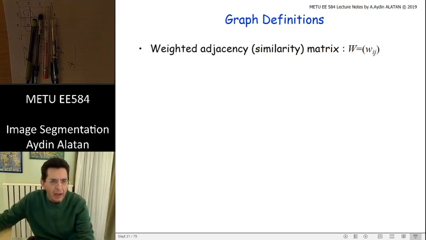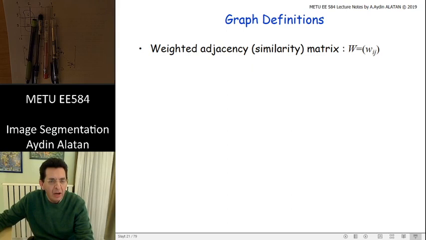Again, pixels or some regions are the nodes of the graph, and neighboring points, neighboring nodes, neighboring pixels will have edges. Now we have the edge information, and the relation between neighboring pixels is this time stored in a W matrix.